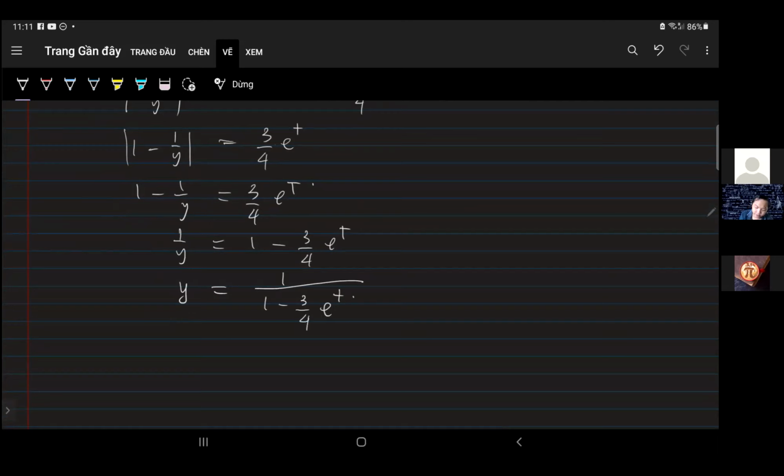Okay, so now you can get the first solution, and if you plug in t, y0 we check, right? Y0 is just 1 over 1 minus 3 over 4. So it's going to be 1 over 1/4, which is 4. So it's satisfying the initial condition. Okay.